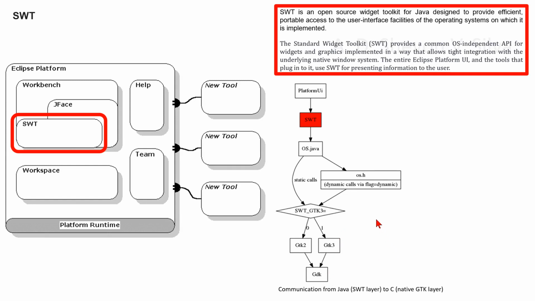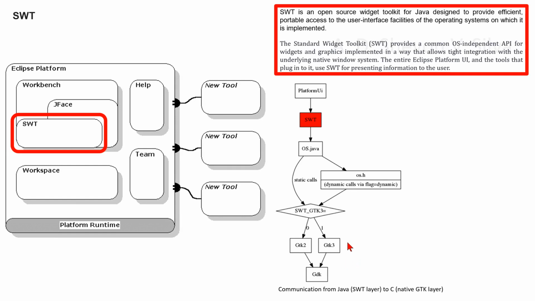SWT is a layer between the platform UI and the underlying GTK 3 or GTK 4 experimental of the system. It can be launched to use GTK 3 or GTK 4, but cannot use them both at the same time.